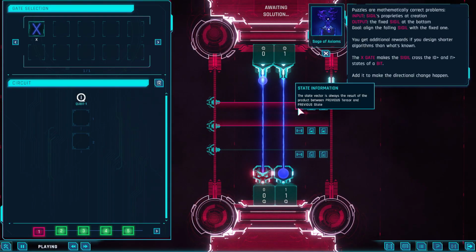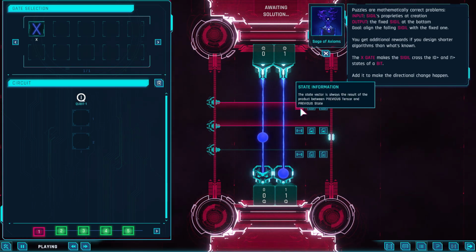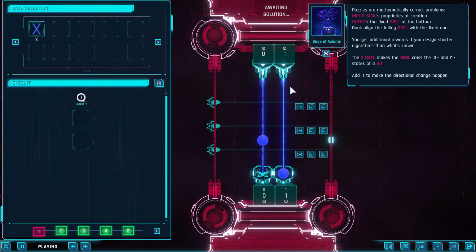Over here we have information about the gates and the state that the qubit is in. So let's take a look here.